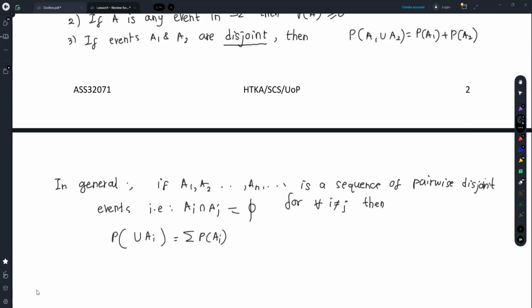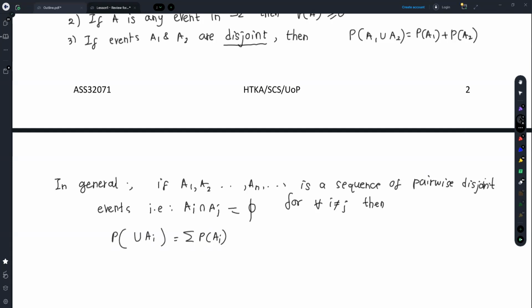Right? Since this is not only a finite set, it can go up to infinity, so I'm not going to write i goes from 1 to infinity, don't use that. So in general, the probability of the union of the events Ai, if they are pairwise disjoint, will be the sum of the individual probabilities of Ai. When you add them, you get the sum of P(Ai).